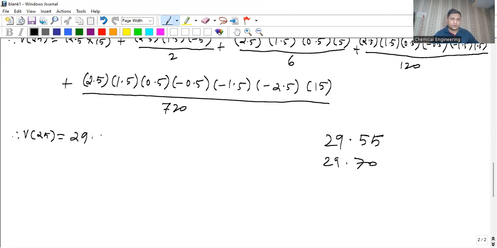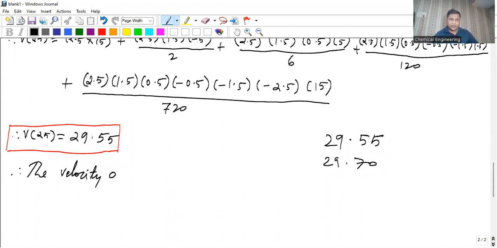Yes, sir. So actually what we are calculating is the velocity of the rocket at 25 seconds.